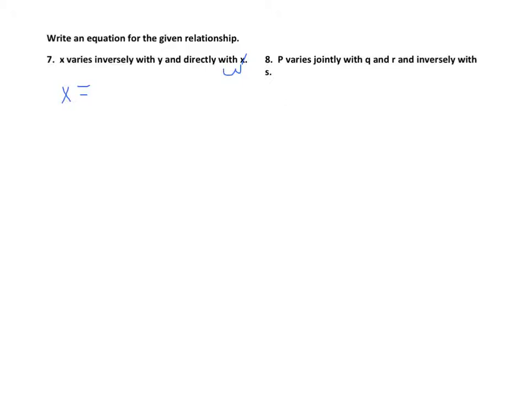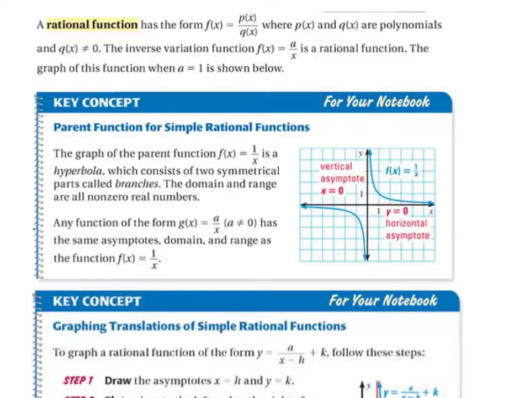So W equals, you have A, you always have A, inversely with Y, that's on the bottom, directly with X, that's on the top. So P varies jointly with Q and R, so A, Q, R, and inversely with S, divided by S. So there's our equations. We need to understand what those mean. So there's the direct, inverse, and joint, okay?